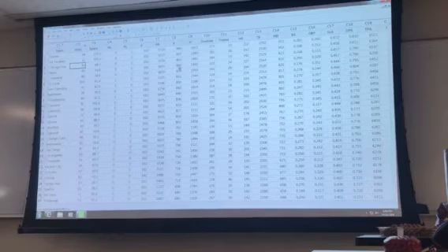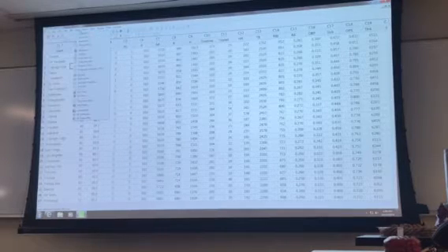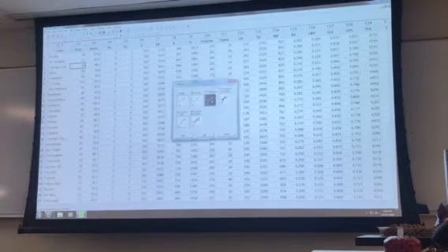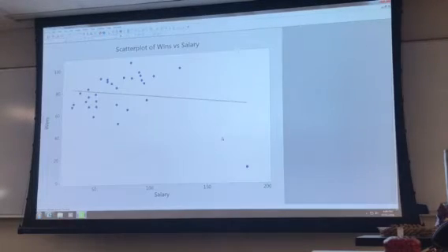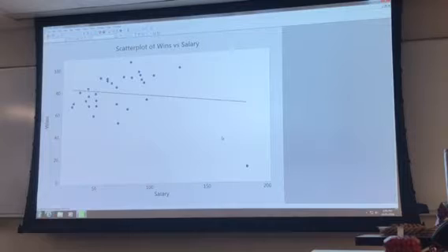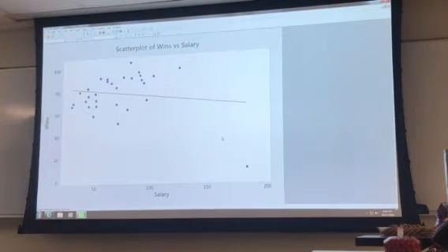Look at the scatter plot though. If the Yankees had this horrible year and only won 11 games, look at what happens to my line. Lisa, you were asking about this a few minutes ago. If I point to that regression line now, it tells me the slope is negative 0.11. So what would that suggest? The more I spend, the less I win.